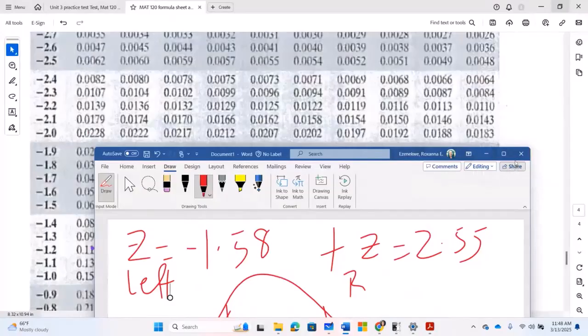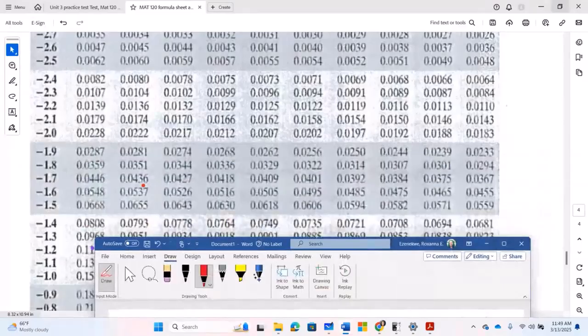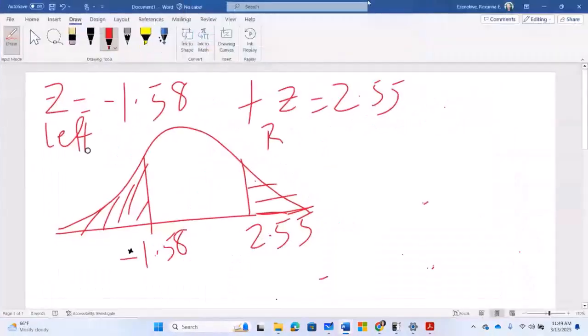Let me go back. Negative 1.5, point 0, 1, 2, 3, 4, 5. 0.0606. All right, so I have 0.0606. So this area is 0.0606.